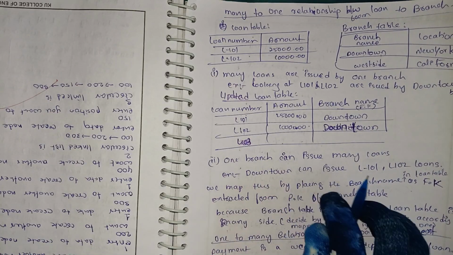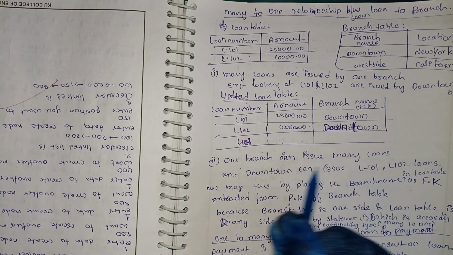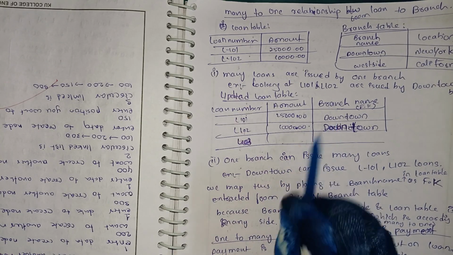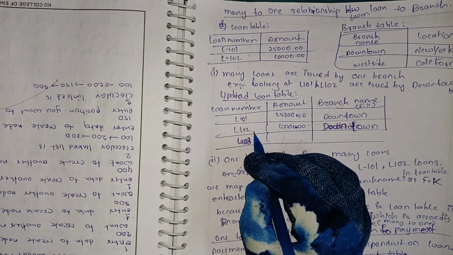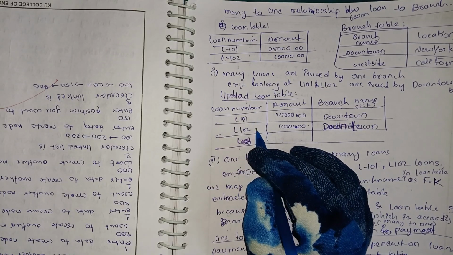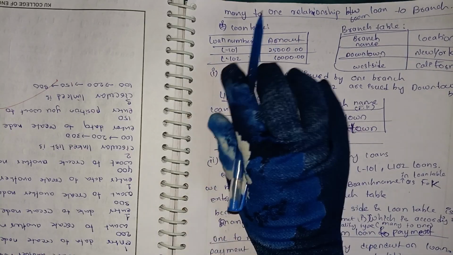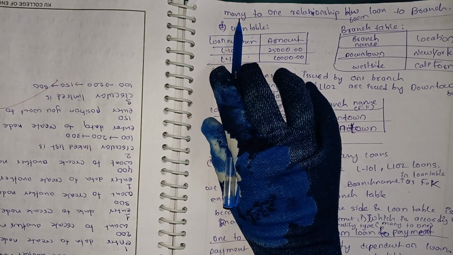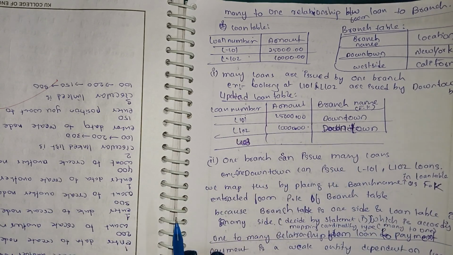Downtown can issue L101, L102 loans. Means one downtown branch is issuing multiple loan numbers, means multiple loans. So that's why it is forming a one to many relationship. And we are stating this statement.